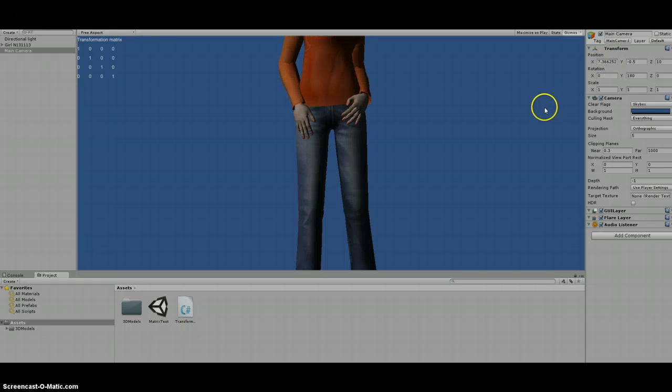So that's the quick difference between orthographic and perspective view. Like I said, perspective view has perspective because it has that point of view, and orthographic does not have that point of view, only the viewing distance.